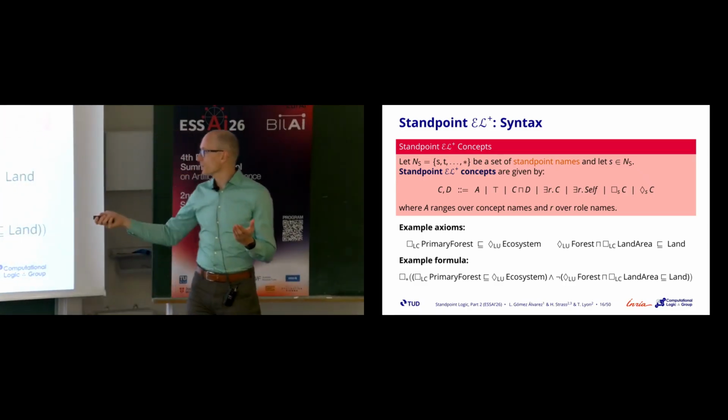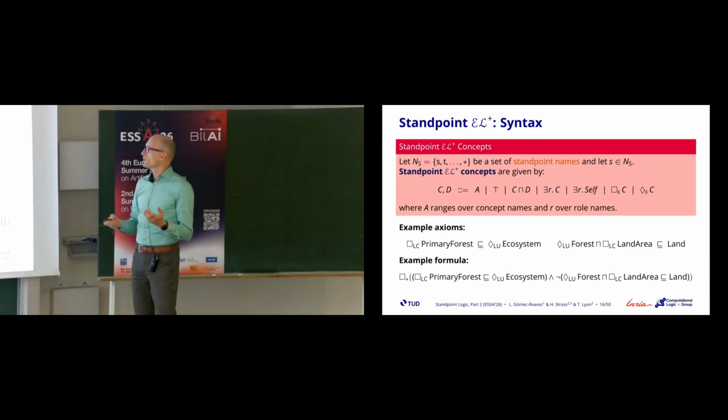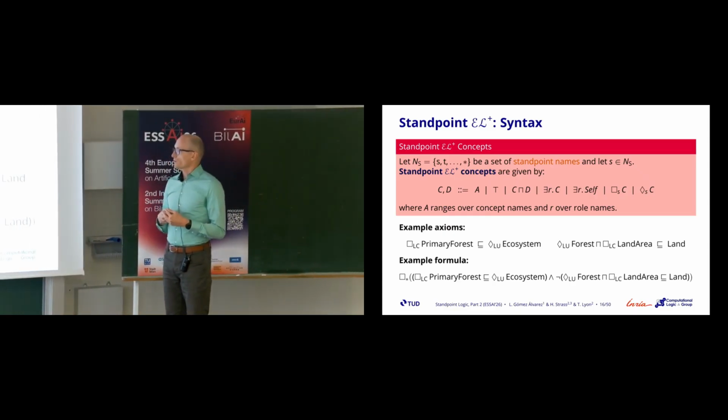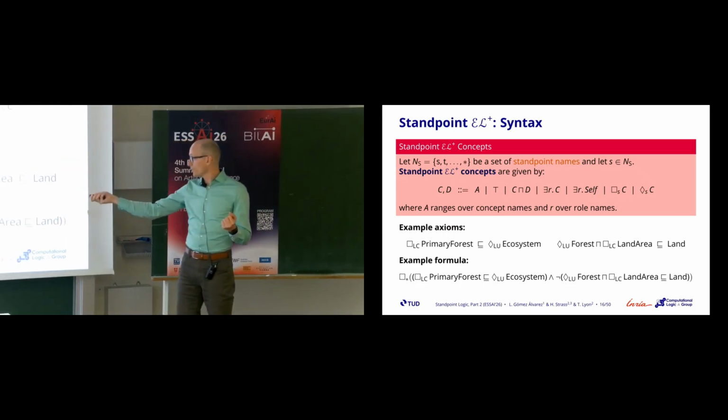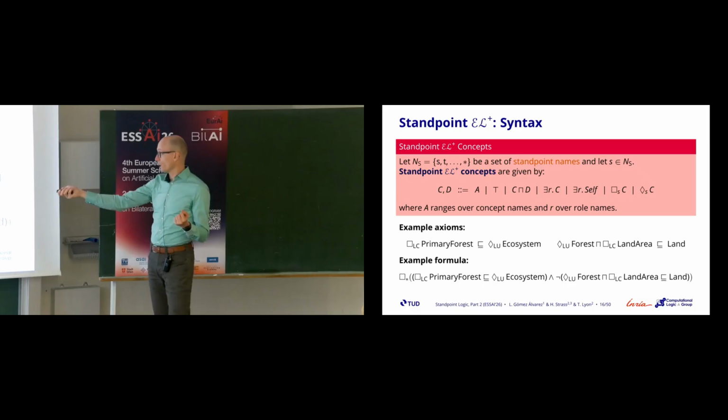Right? So that's something that I can now express by a simple axiom in standpoint EL+. Right? I can also say if something is conceivably a forest according to the land use perspective and unequivocally a land area according to the land cover perspective, then it's a piece of land. Right?